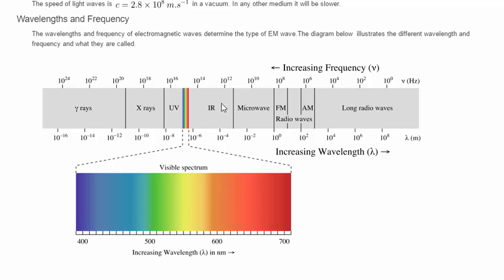Infrared is next. The wavelengths of infrared are longer, but our eyes can't see it anymore. We can't distinguish infrared. Certain animals can see infrared light. An example of infrared light is a remote.